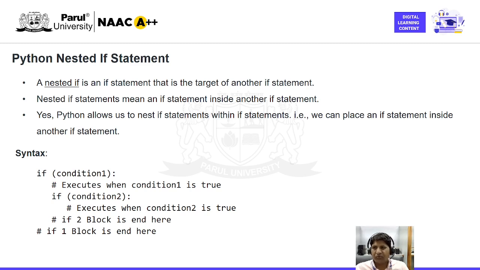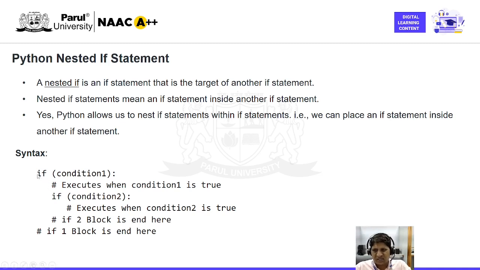Nested if statement means an if statement inside another if statement. Python and other programming languages also allow this, but we will discuss only Python. Python allows us to nest if statements within if statements. That is, we can place an if statement inside another if statement.